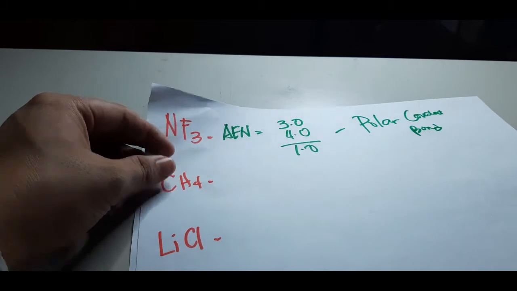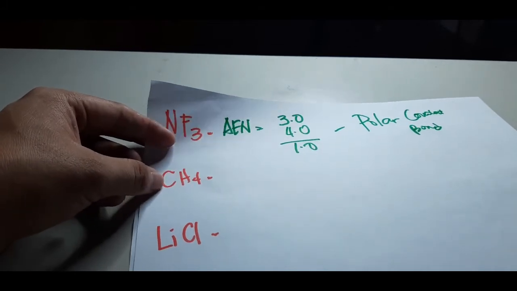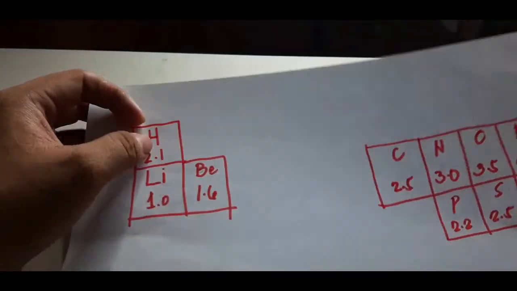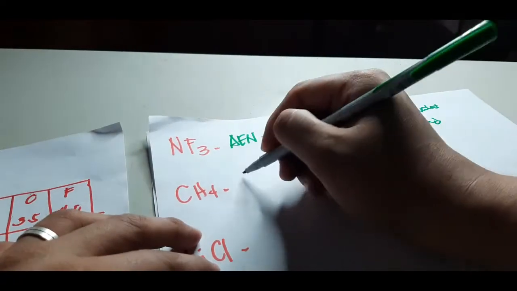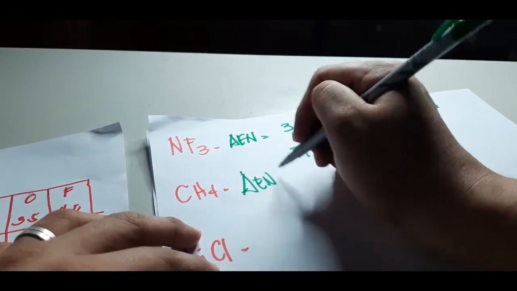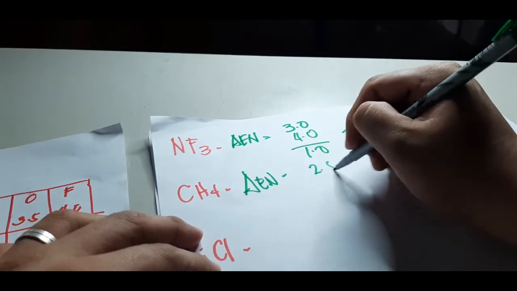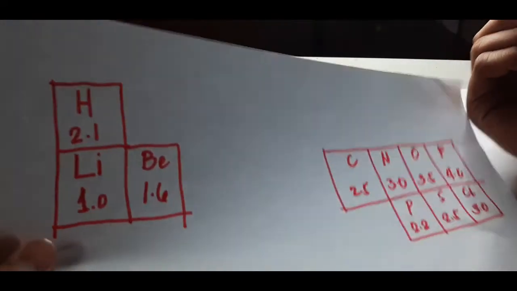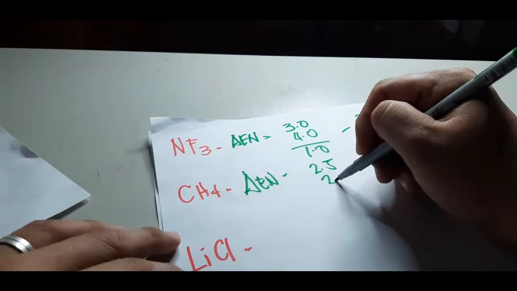Okay, now we are going to get the difference for CH4. The electronegativity of carbon is 2.5, and hydrogen is 2.1.